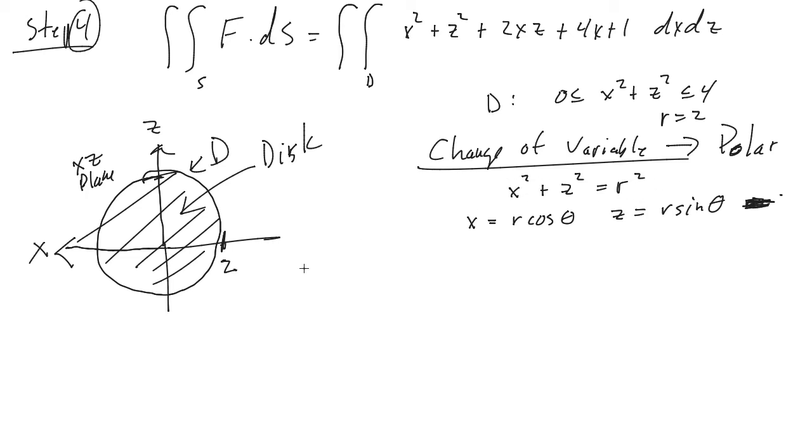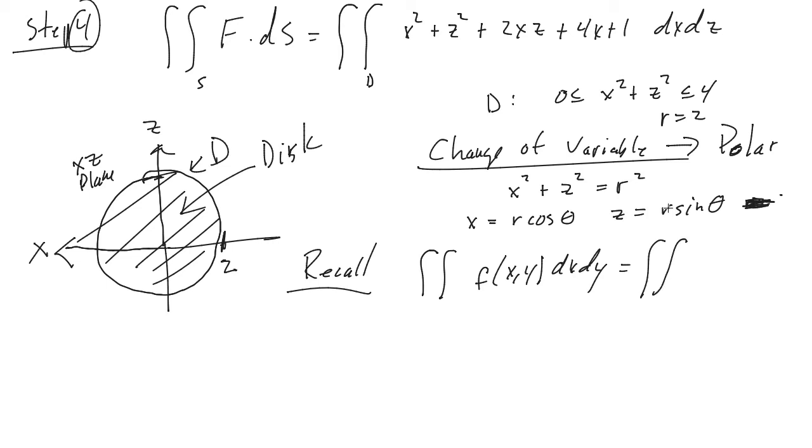Recall, from a few units ago, probably even last chapter, that when we do a double integral of some function in dx dy, we get f of r cosine theta, r sine theta. Remember we have to add this r, and then dr d theta.